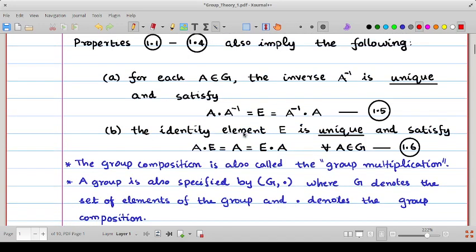But these four properties together also imply that E composition A is also A.